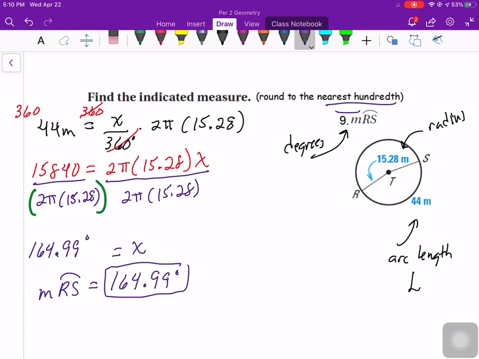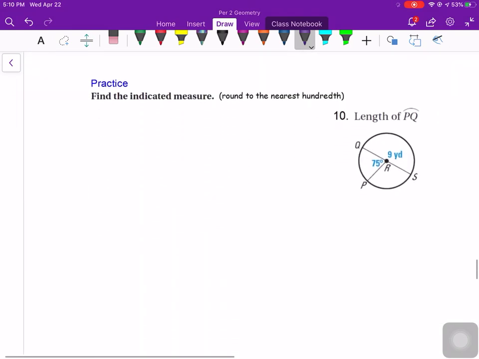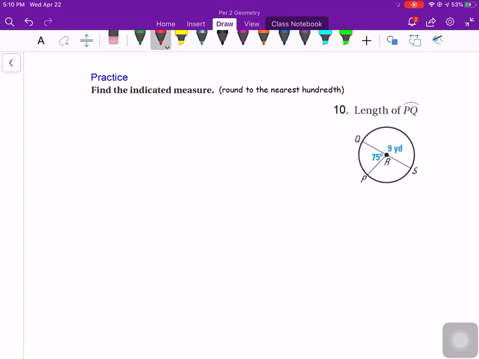Let's practice a problem. So here we're finding arc length. The arc length L is equal to the fraction of the circle, 75 degrees out of 360 degrees, times 2 times pi, but they didn't give us the radius.